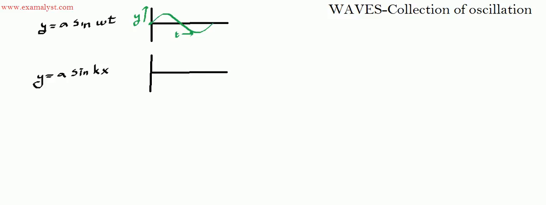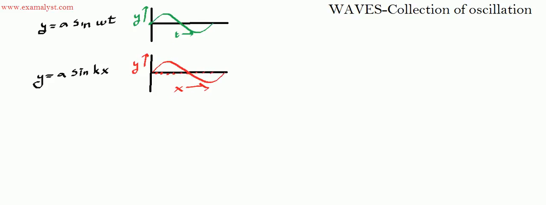So y is the displacement in this direction and x is space. If we imagine that the entire rope is made up of an infinite number of small particles placed very close to each other, then y is equal to a sine kx represents a wave where the particles are in this manner.